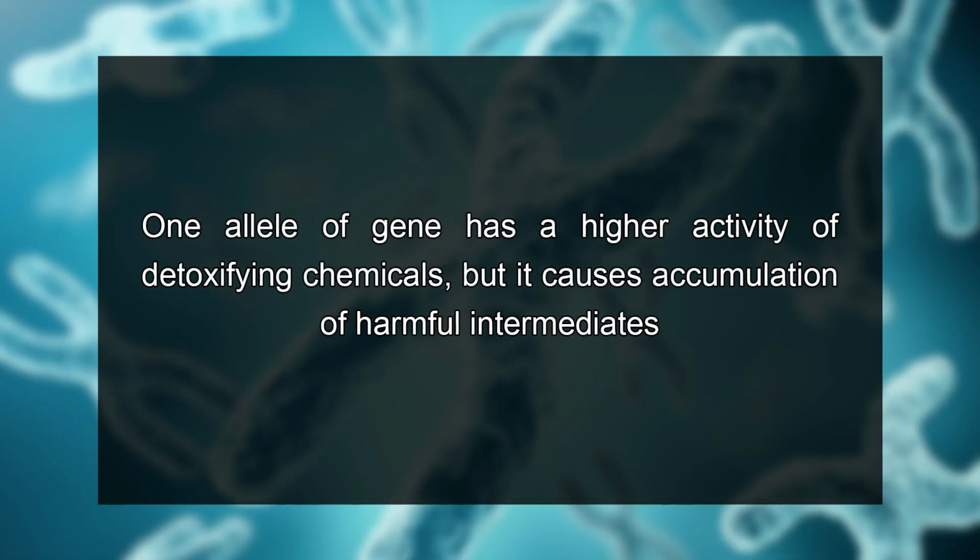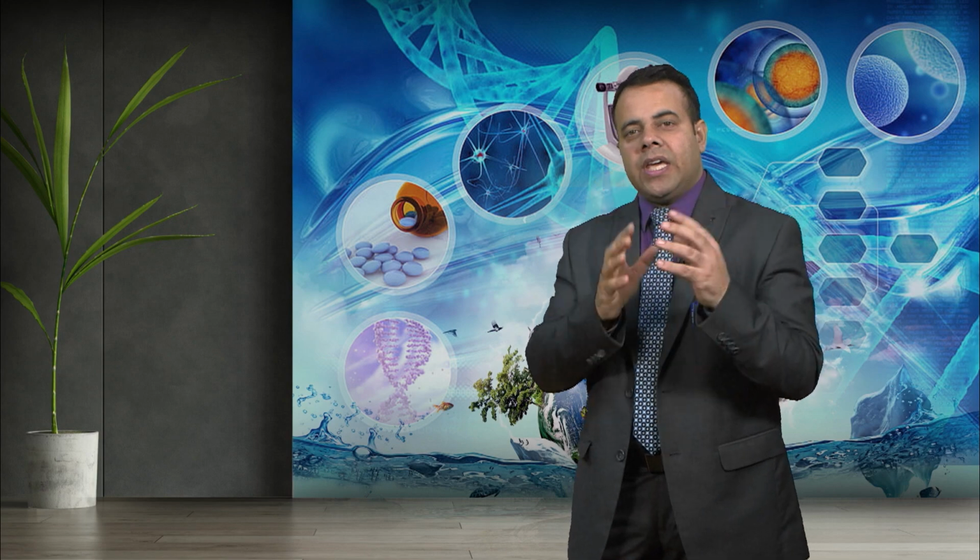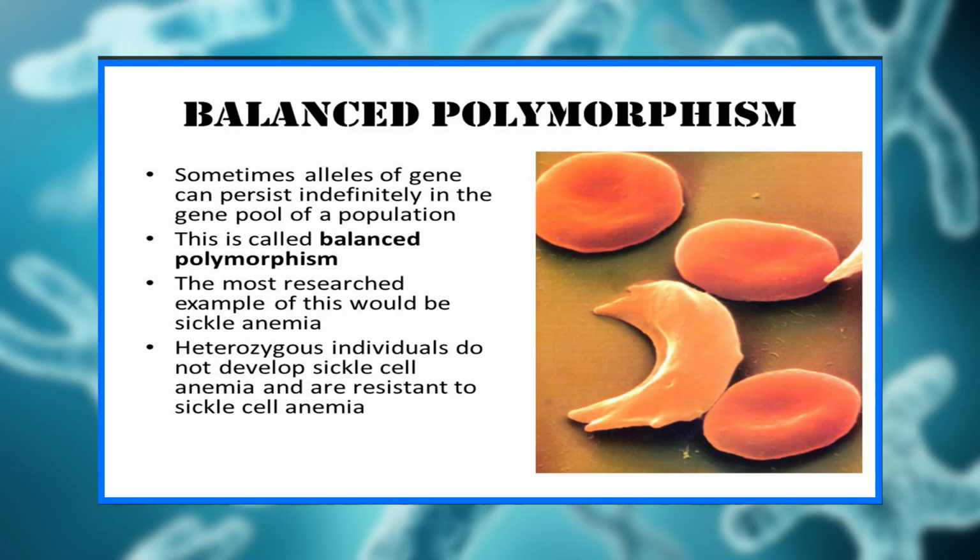One allele has a higher activity of detoxifying chemicals, but it causes accumulation of harmful intermediates. The other allele has low activity, but the harm is less. Hence, the best situation for the organism is to have one copy of each allele. This is a type of balanced polymorphism.